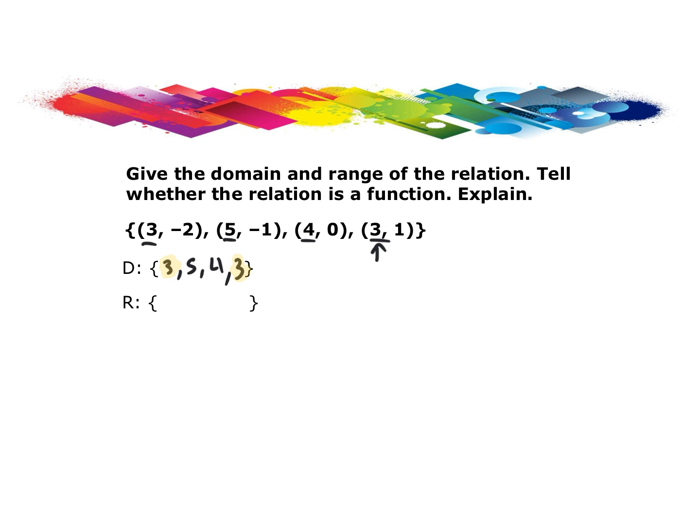And then the range are all the y's, so -2, -1, 0, and 1. Usually you write it, guys, from least to greatest. Right now it was in that order from left to right, but usually you write it from least to greatest.